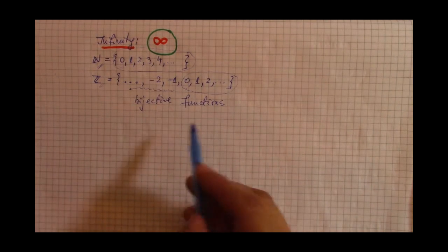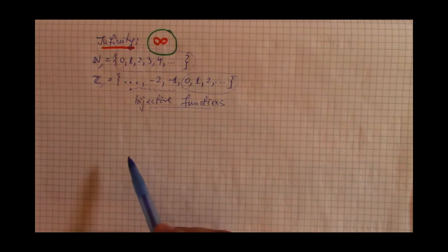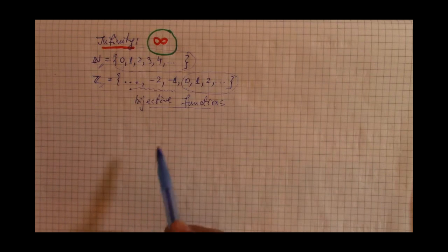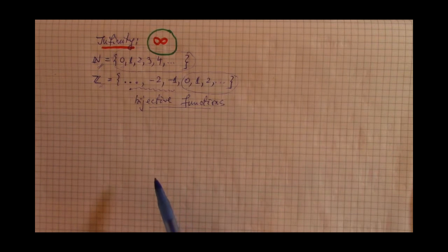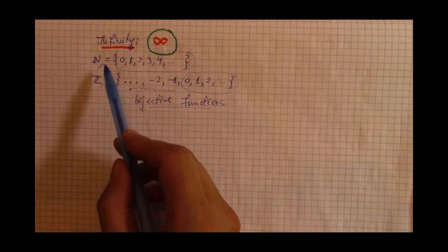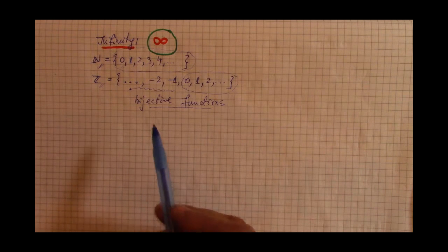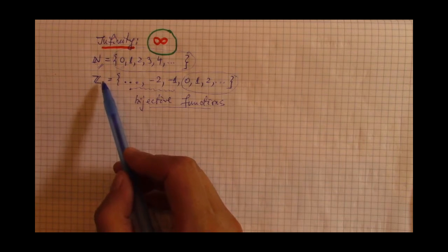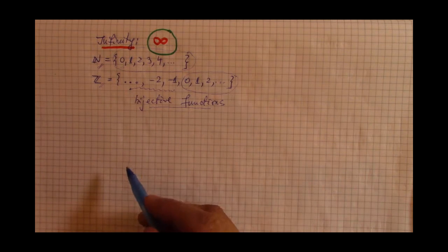This notion is important throughout math, but more so when we talk about how big sets are. We'll probably come back to bijective functions in future videos. So let's go back to these two sets. We said that it looks like N is contained in Z, so Z is somewhat larger than N.